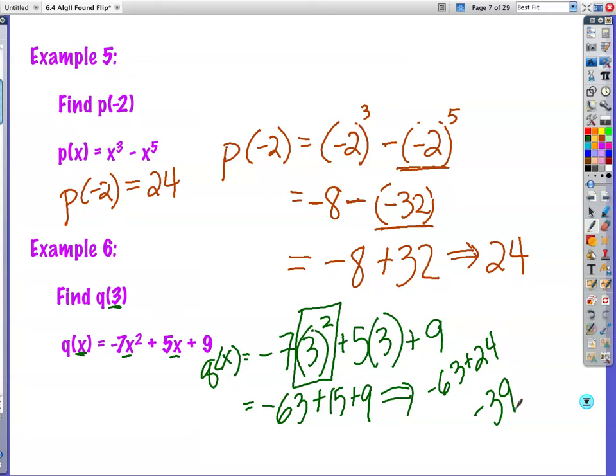Does that make any sense? 63 plus 24, that looks good to me. So I have to write f of, oh, it's not an f. Goodness gracious. It's a q. That was going to make me nervous for a second there. It's q of 3 equals negative 39.